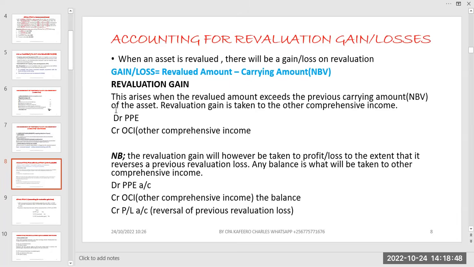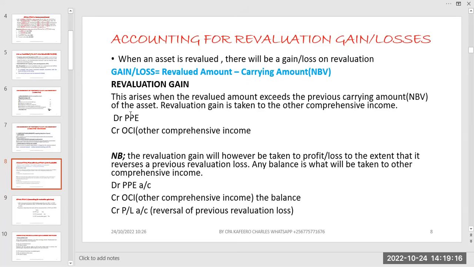So let's first look at the revaluation again, then I will explain that component later, how we treat those things. We said the revaluation gain happens if the revalued amount is higher than the carrying amount. It means the assets are now increasing in value, and when the assets are increasing in value, that's income.